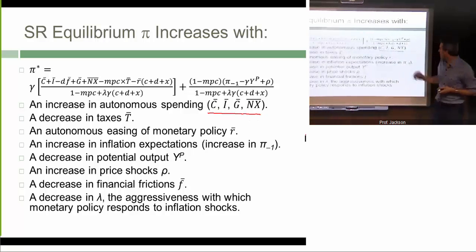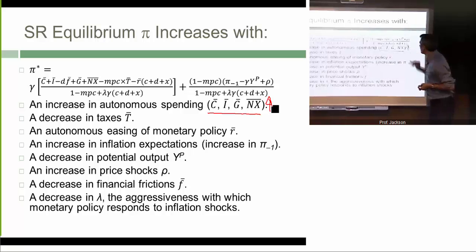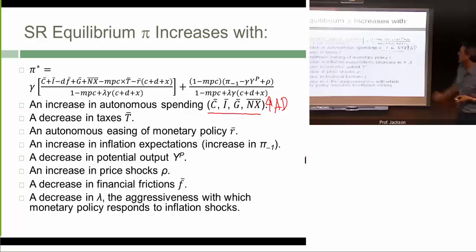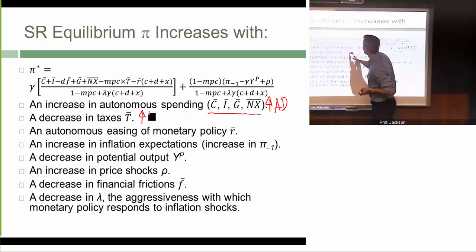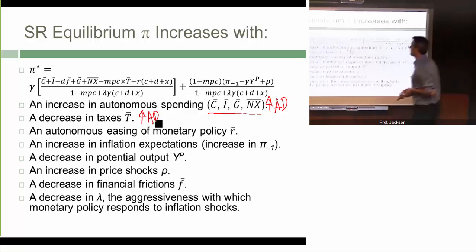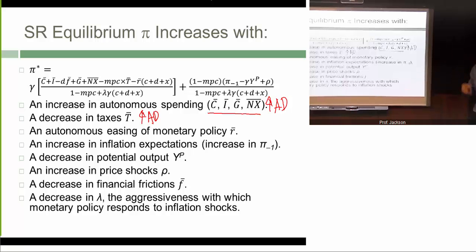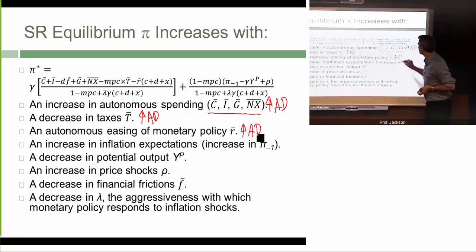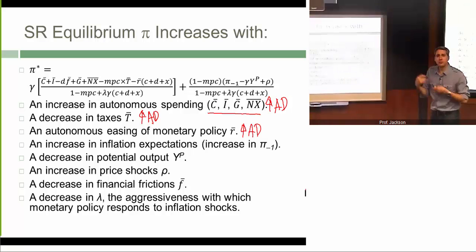That increases aggregate demand. And as a result, inflation goes up in the short run, right? A decrease in taxes, again, that increases aggregate demand, which also increases inflation in the short run. An easing of monetary policy, as we mentioned last time, that also has the effect of increasing the aggregate demand. So our short run equilibrium level of inflation goes up.